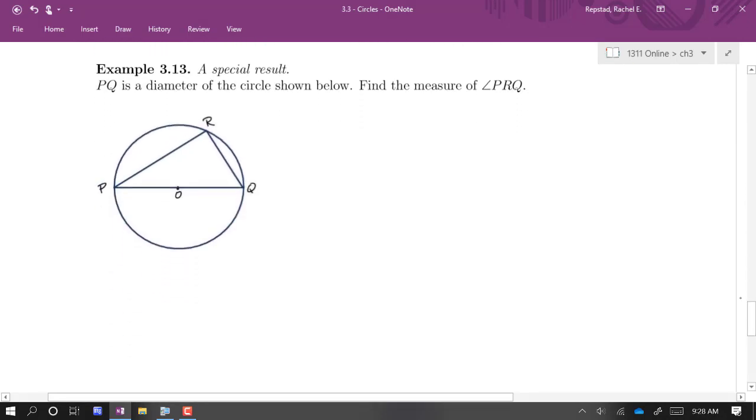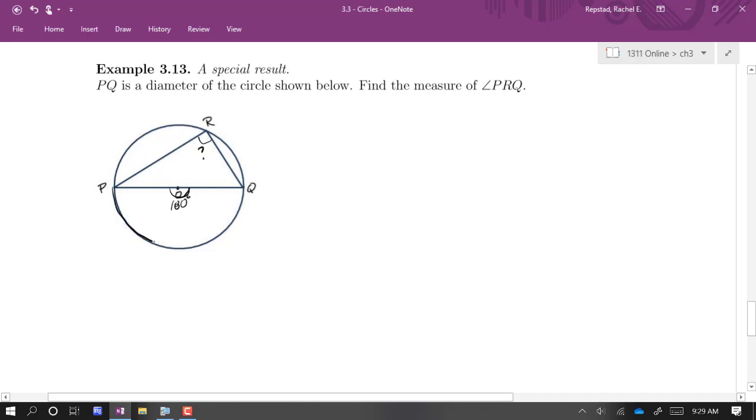Here's a special result. Here's a circle. PQ is a diameter, and this point O is the center of the circle. So PQ is a diameter, which means it has to go through the center. We want to find the measure of the angle PRQ. Since this goes through the center, POQ is a central angle, but it's a straight line, so we know that that's 180 degrees.